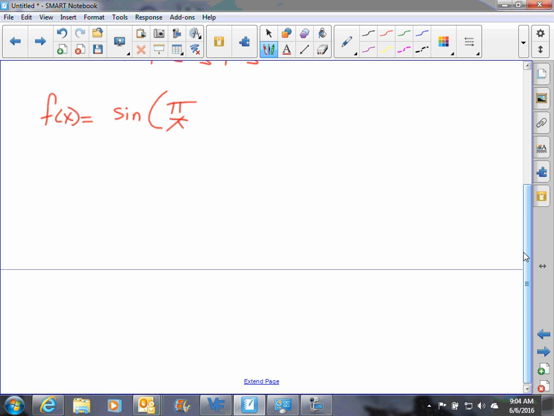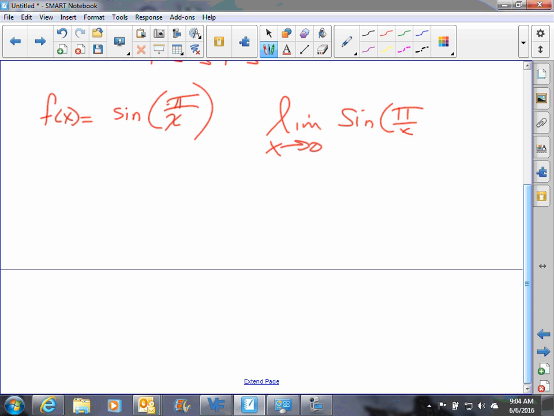Obviously, we're going to eventually ask ourselves, what is the limit as x approaches 0 of the sine of pi over x? Well, let's look first at the graph of the sine of pi over x.